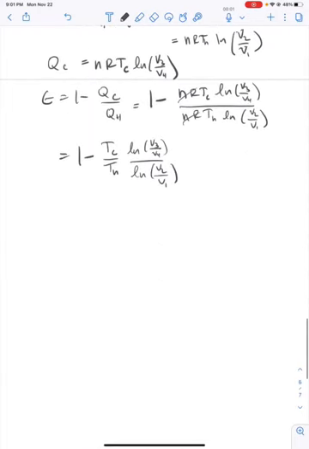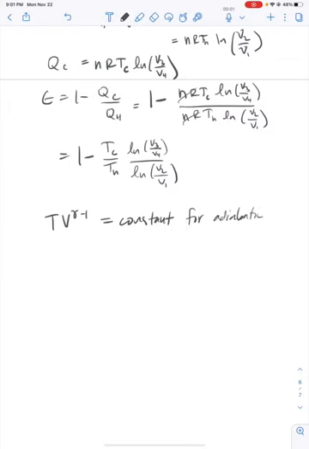And so we're going to use our condition that TV to the gamma minus 1 is constant for an adiabatic process. And we're doing this to try to simplify this expression for the efficiency that we've already gotten, to see if we can find something that depends only on the two temperatures and not on these volumes.